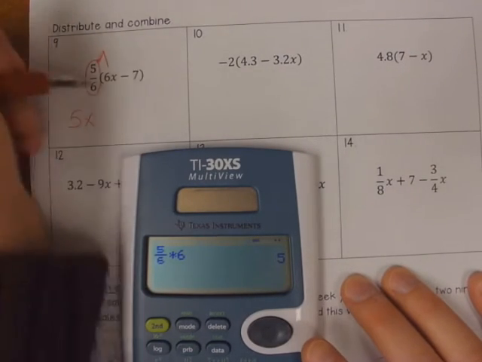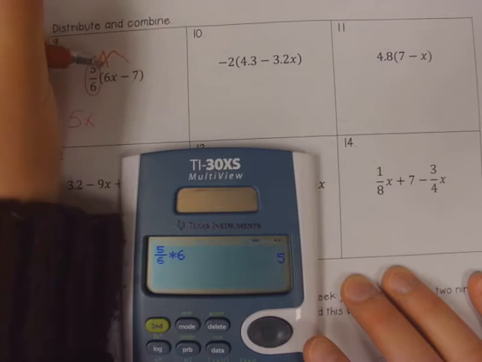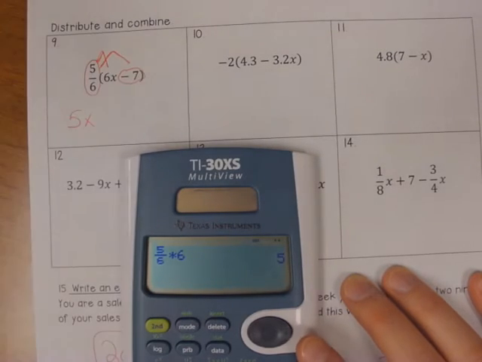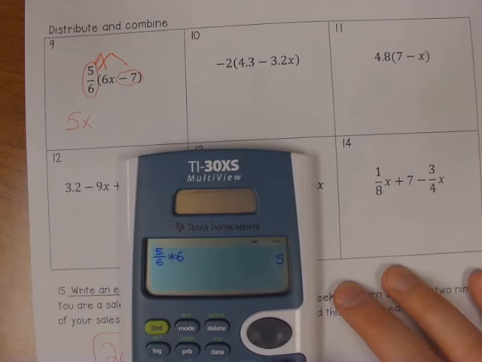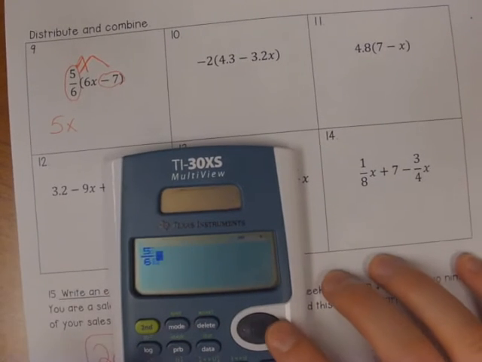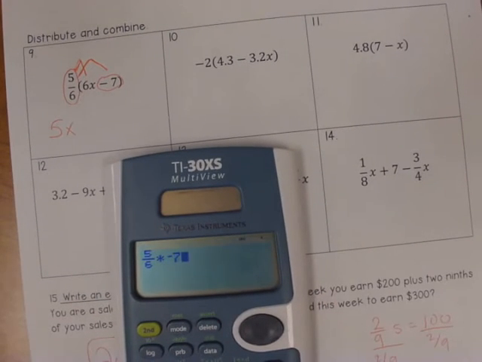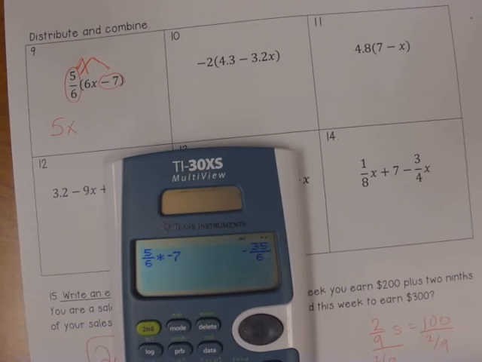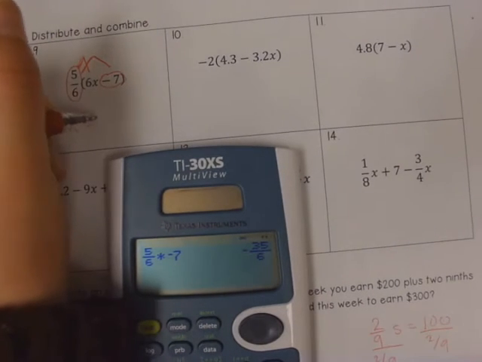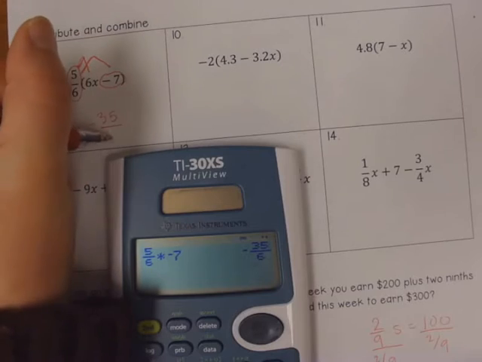Add your variable, and then you have 5/6 times negative 7. Negative 35 over 6.